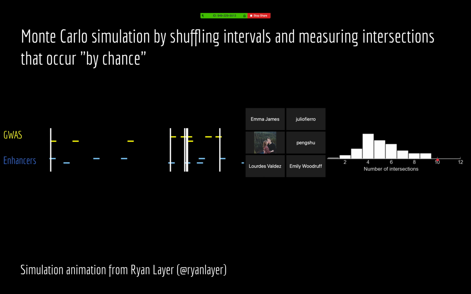And then the last thing that you can do is calculate an effect size. So you observe 12, and the mean is, say, 4. Observed over expected is 12 divided by 4. So the effect size is 3. There's like a threefold enrichment. That's not really a p-value, but it tells you about the magnitude of the effect.